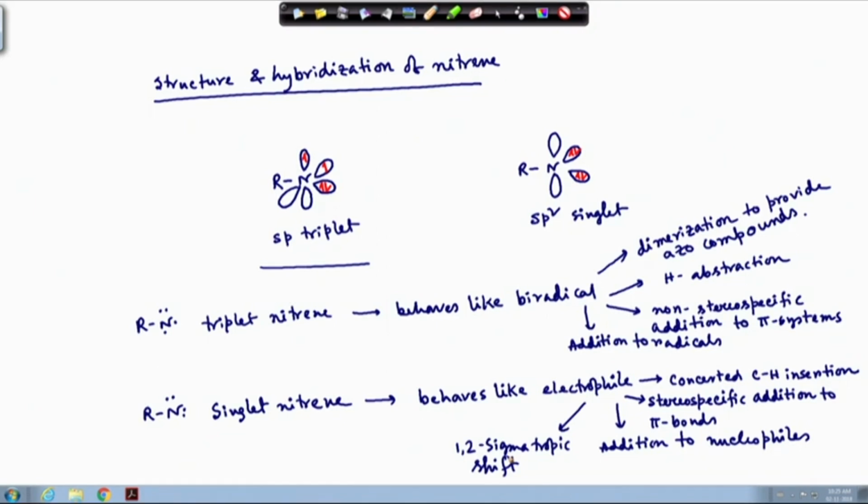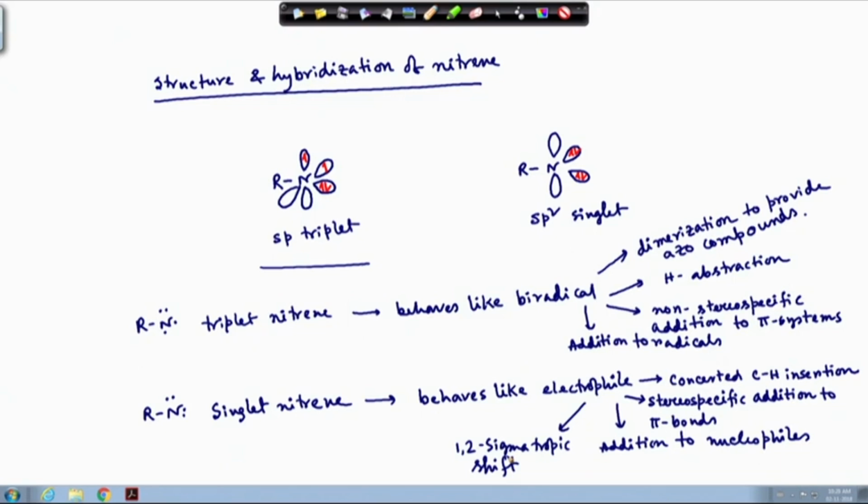So, overall, even though these nitrenes are the nitrogen analog of the carbene and are isoelectronic with the carbene, due to their structural features they have different reactivity.